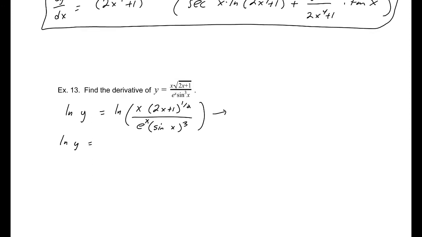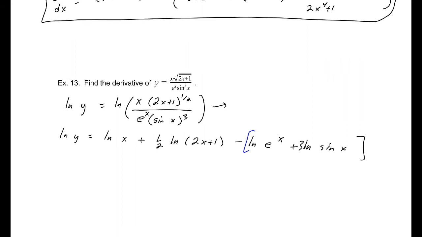This is the natural log of x plus 1/2 natural log of 2x plus 1 minus natural log of e to the x. Now all of this is in the denominator, so we will subtract all of it: 3 natural log of sine x. So let's go ahead and distribute that and make that a negative term there.